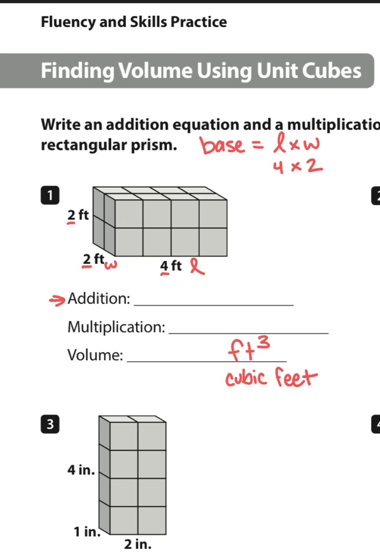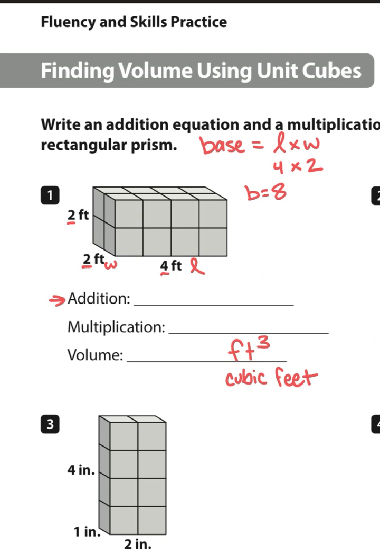When we multiply those together, the base is going to equal 8. What that tells us is that there are 8 cubes on the bottom layer. We cannot look and say 1, 2, 3, 4, 5, 6 cubes. That would be incorrect. We have to make sure that we follow the formula. If we don't follow the formula, we may get a little bit mixed up later in the problem.